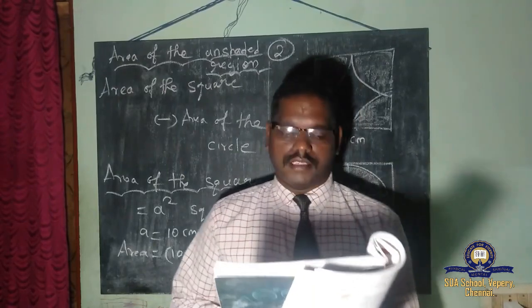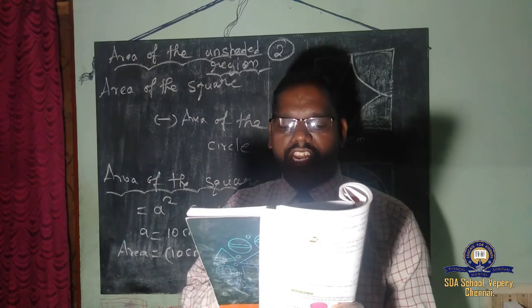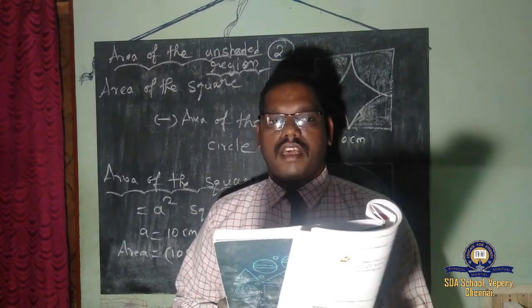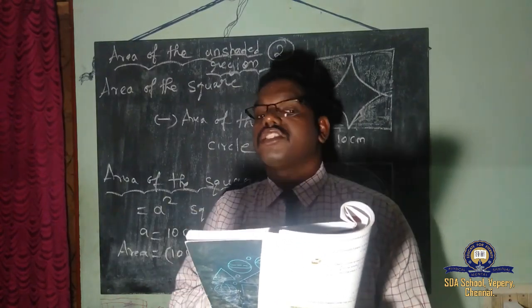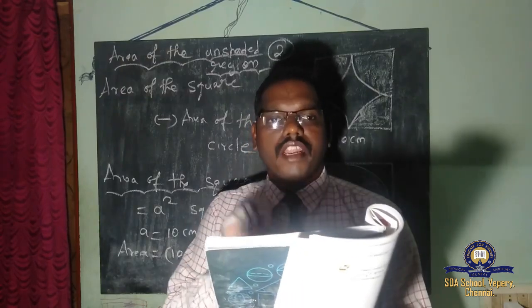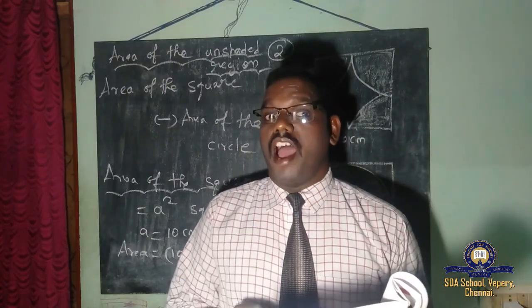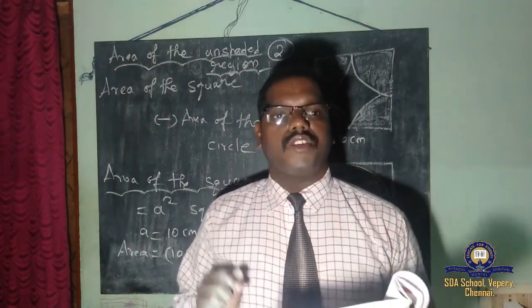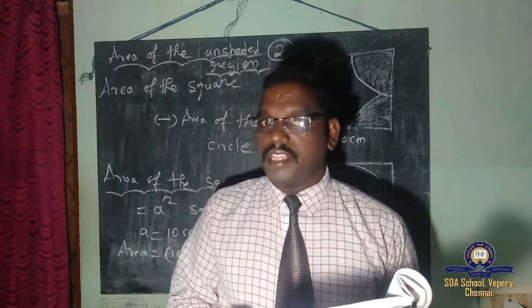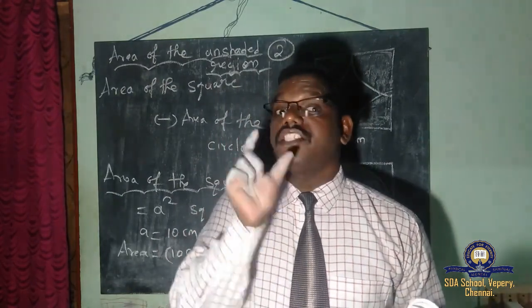They are asking us to find the area of the shaded part, but that is wrong. It is wrongly printed. We need to find out the area of the unshaded part only. We are not going to find out the area of the shaded part. We are going to find out the area of the unshaded part.